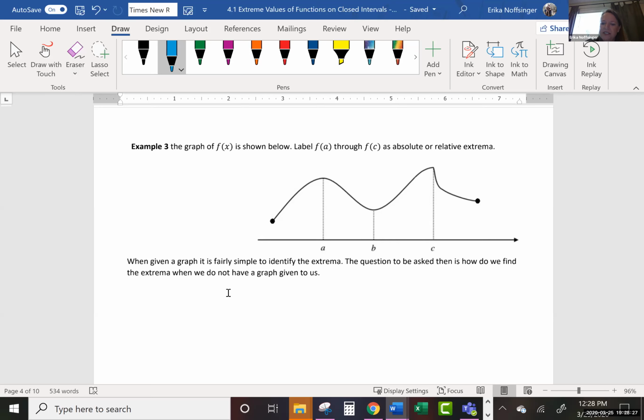So let's look at this one, and first of all, the highest y value. Where would that occur? I notice this is my highest y value.